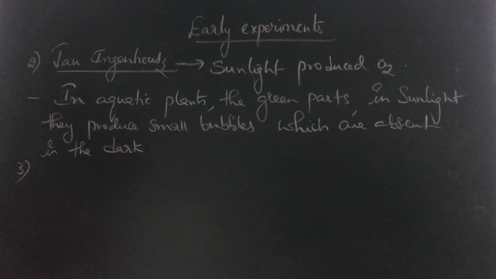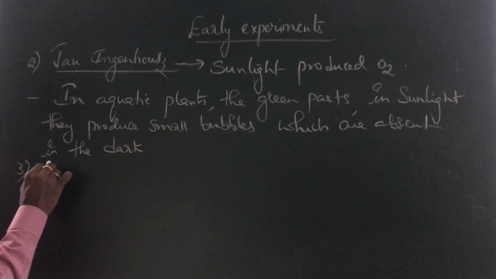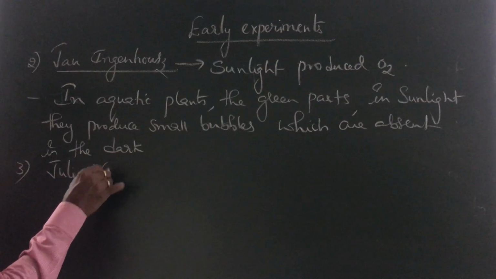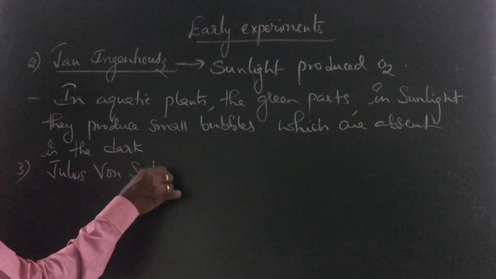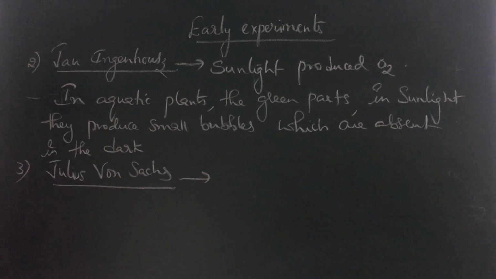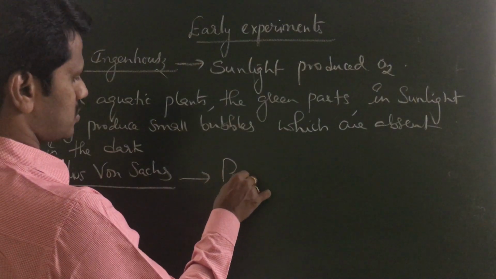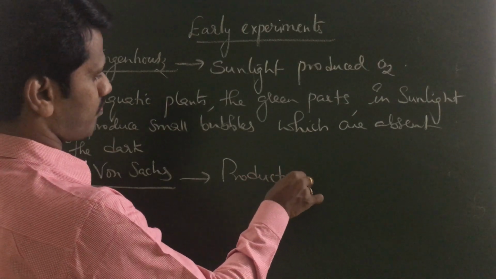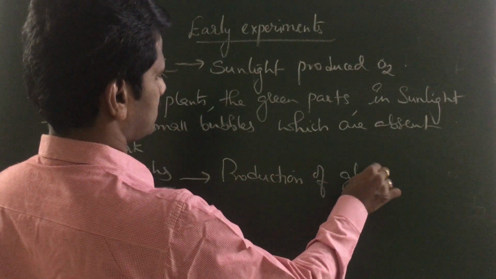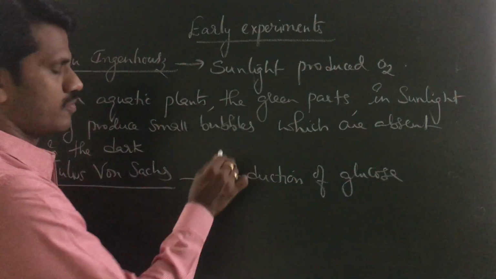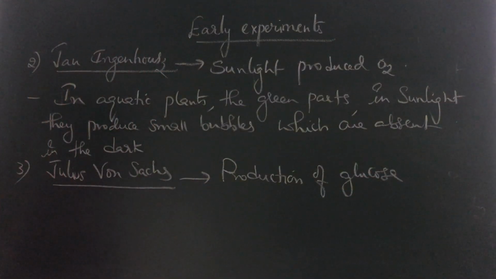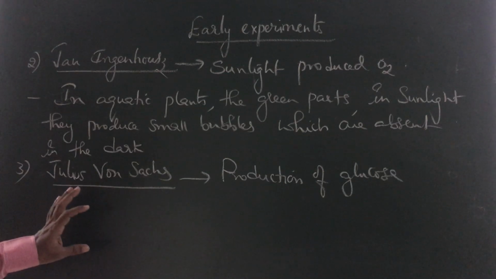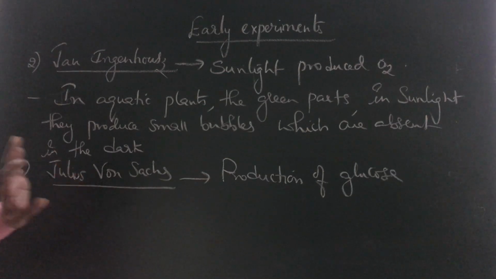Okay. Next, Julius von Sachs. So what he stated is that the production of glucose happens in the chloroplast.